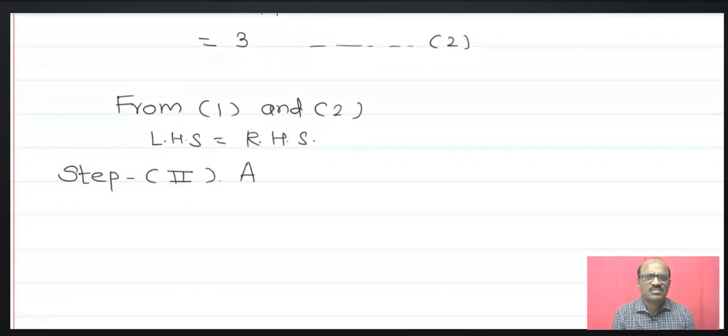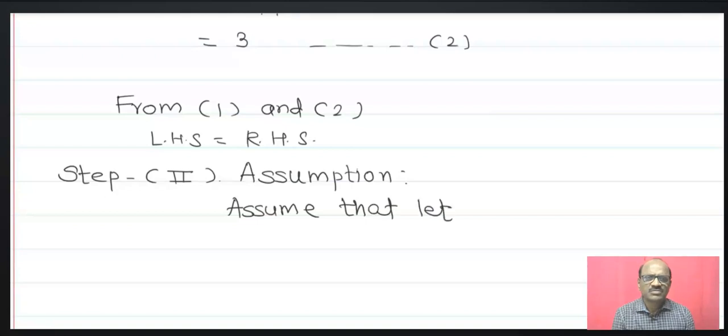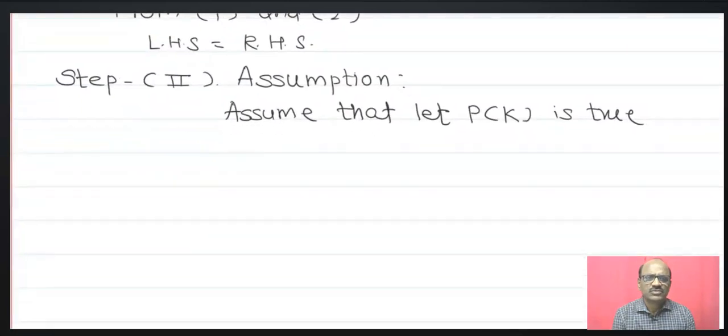Now the step number 2. This step is called assumption, because we assume here. Assume that P of k is true.